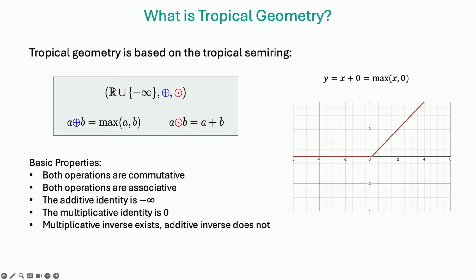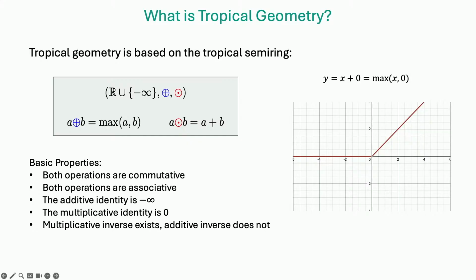In the semi-ring, we have most of the basic properties. The addition of two elements is just taking the max between them, and the product is just the regular sum. The operations are commutative and associative. We have an additive identity, negative infinity, and a multiplicative identity, which is 0.